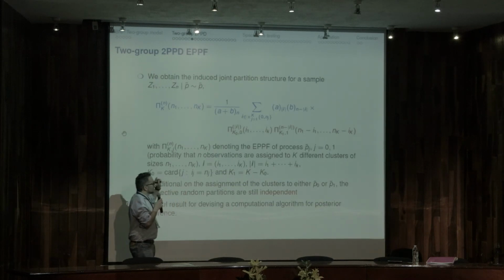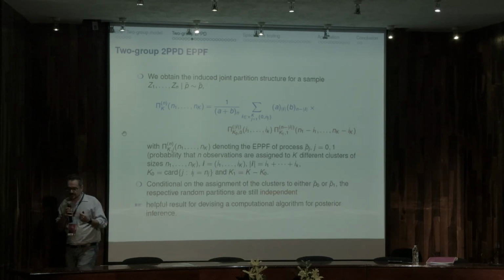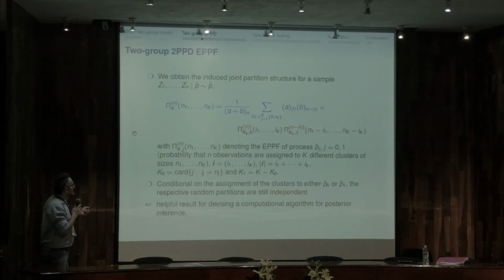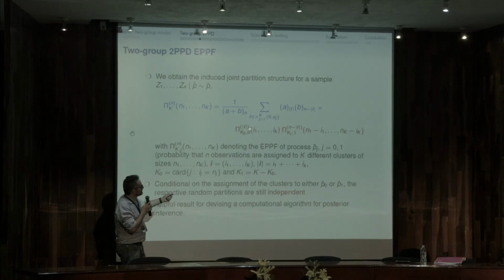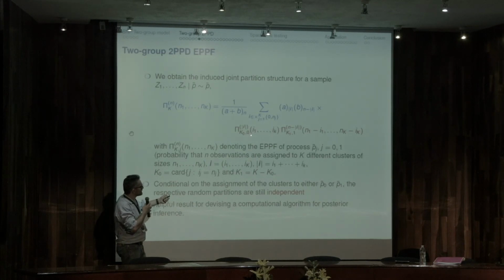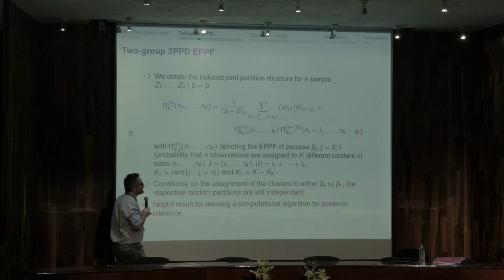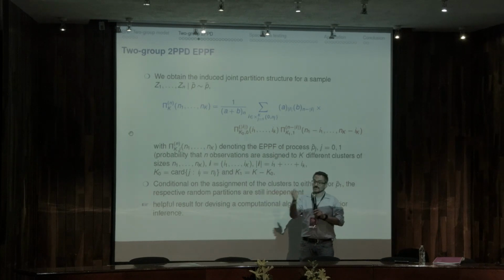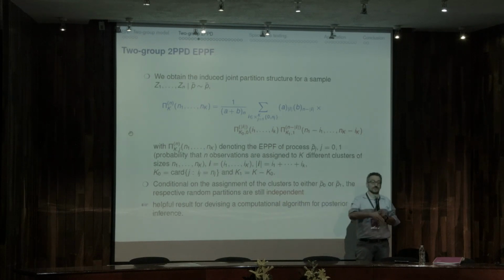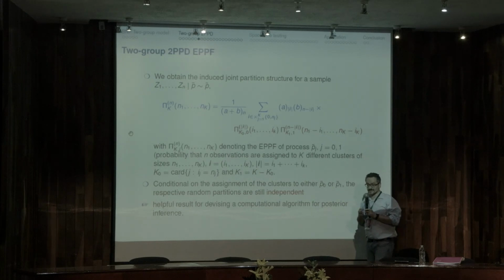In particular, we can characterize the exchangeable partition probability function for the sample from the mixture density that we just described. And here, what we can see is, in particular, that the two respective random partitions are independent. This is telling us simply that once we have divided the samples into those coming from the null or the alternative distribution, we don't have to worry about the possibility of overlapping clusters.